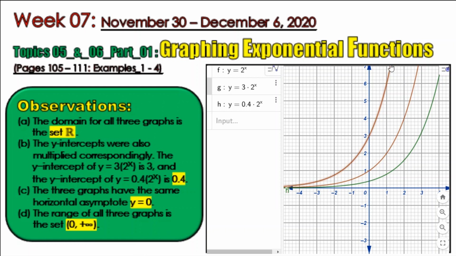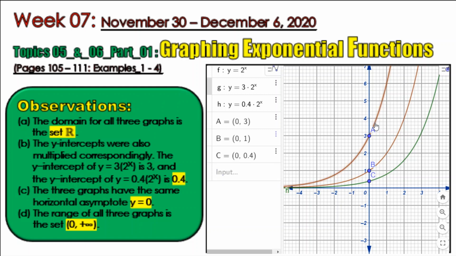Okay, so for this graph y is equal to 3 times 2 raised to x, this graph intersects your y-axis at point 0, 3. For this graph intersects your y-axis at point 0, 1, and this graph intersects your y-axis at 0, 0.4.